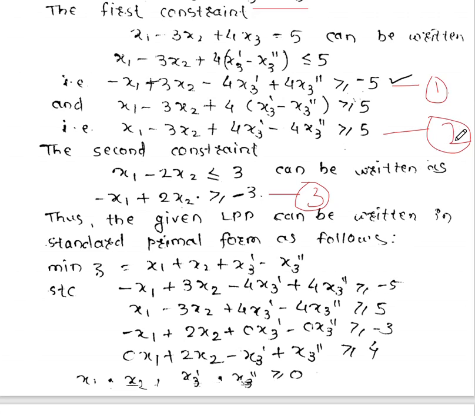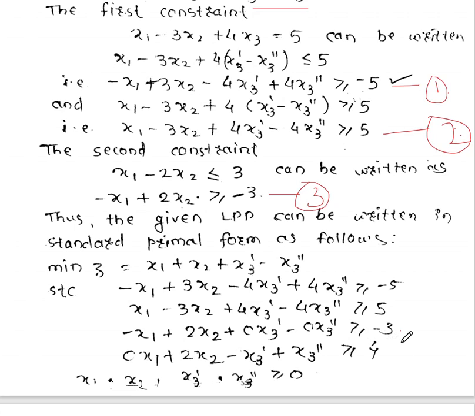The second equation is x1 - 3x2 + 4x3' - 4x3'' ≥ 5. Third equation is -x1 + 2x2 + 0x3' - 0x3'' ≥ -3.